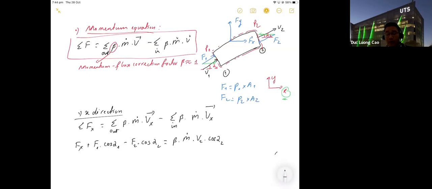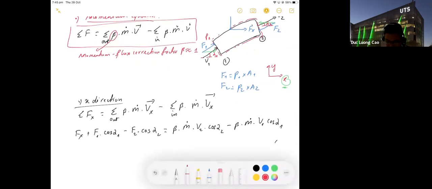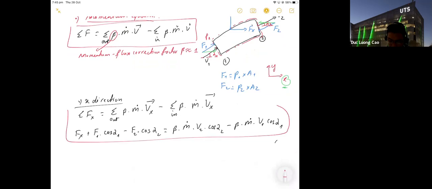V2 cos alpha 2 is positive because it is from left to right, same direction as x. Minus beta m v in, where the x component is v1x. V1x is from left to right, so positive, so you get v1 cos alpha 1. So you will have the equation in x direction.